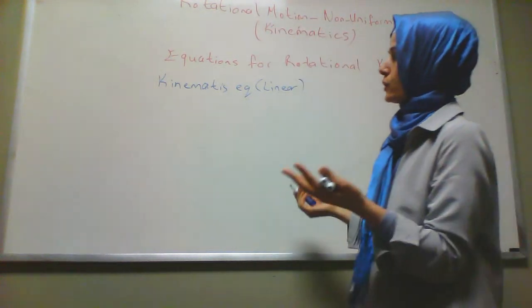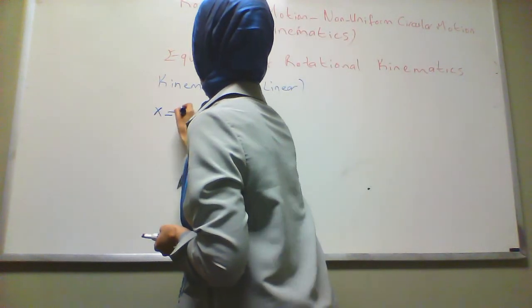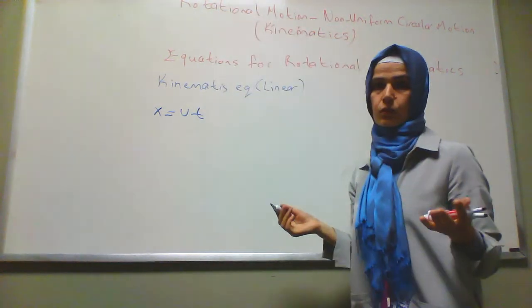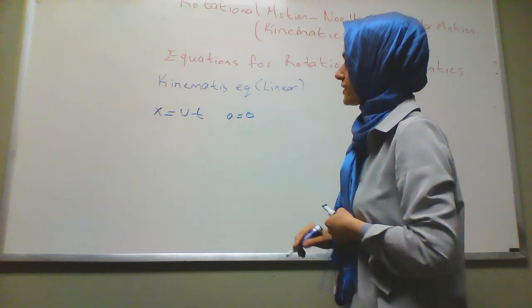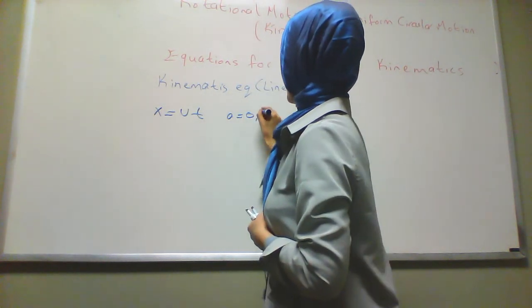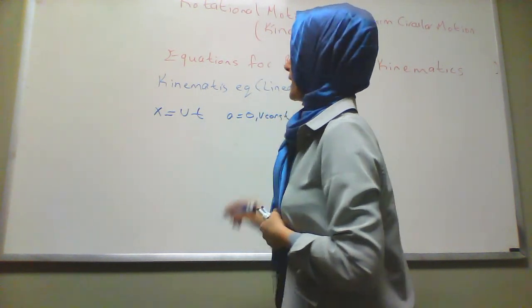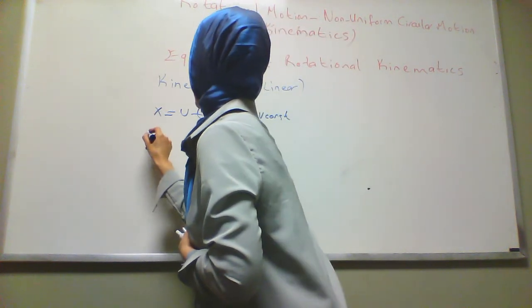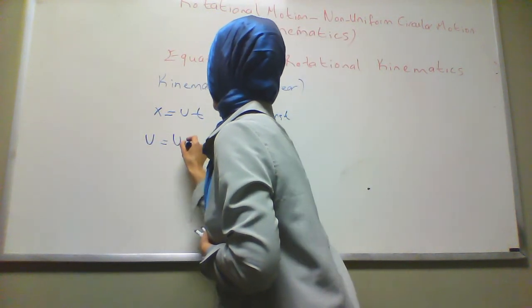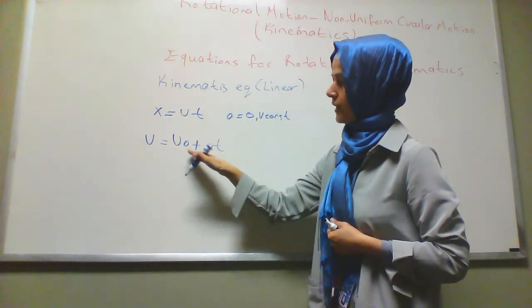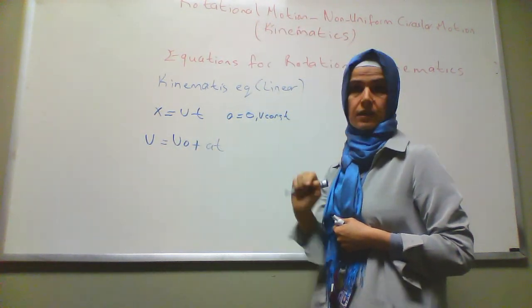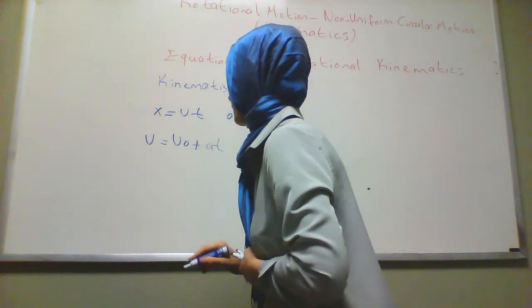If we have a constant speed, we have x is equal to v times t. There's no acceleration, a is 0. If we have varying speed, we had v final is equal to v initial plus at, one equation concerning initial and final velocities, acceleration, and time. I hope you remember those.